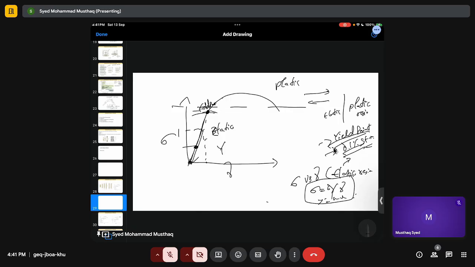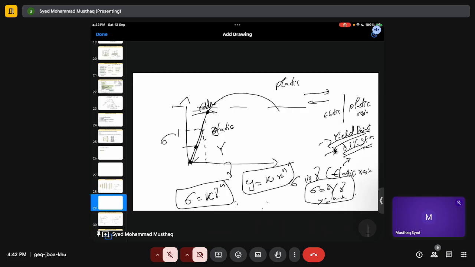Simple relation. And in the plastic region, you have this complex curve. Because it is a curve, you need to have an equation like this. We do not know what the exponents and curves are.